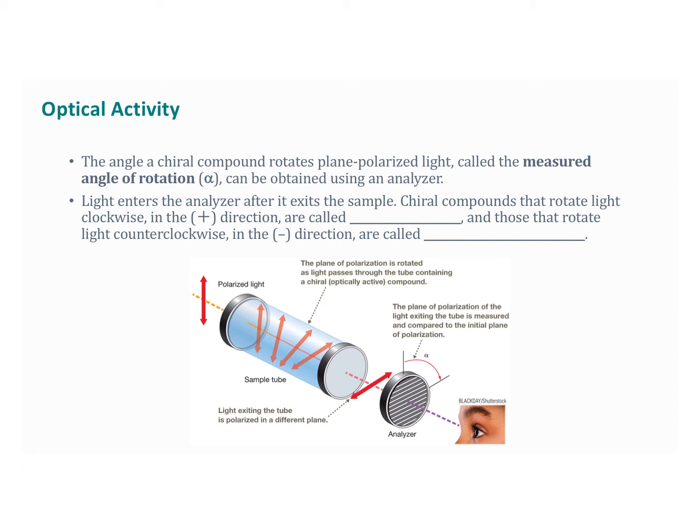The angle through which the compound rotates is called the measured angle of rotation, and it's represented with a lowercase alpha. It's obtained using an analyzer, and the analyzer for us is going to be a vernier. The light enters the analyzer after it exits the sample, okay? Chiral compounds that rotate clockwise, which is defined as the positive direction, are called dextrorotatory.